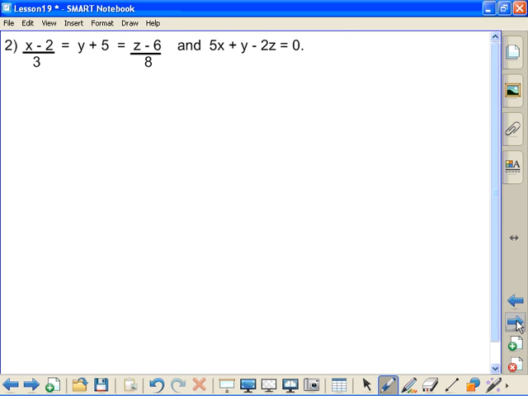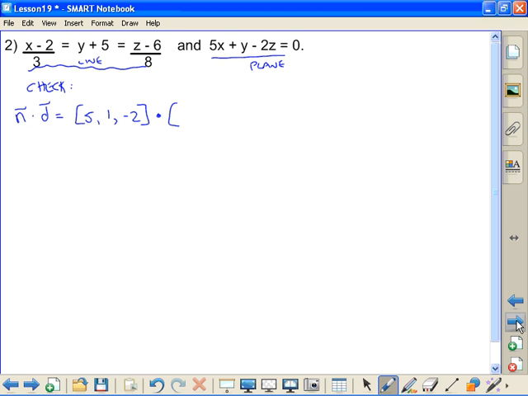Okay, the next example. Again, you always want to start with the check. So what do I have here? I have a line in 3 space because you cannot have a plane in symmetric form. And here's my plane. And this was my line. So my check, I want to do the normal dot the direction vector. So the normal, taking that from the plane, would be 5, 1, -2.